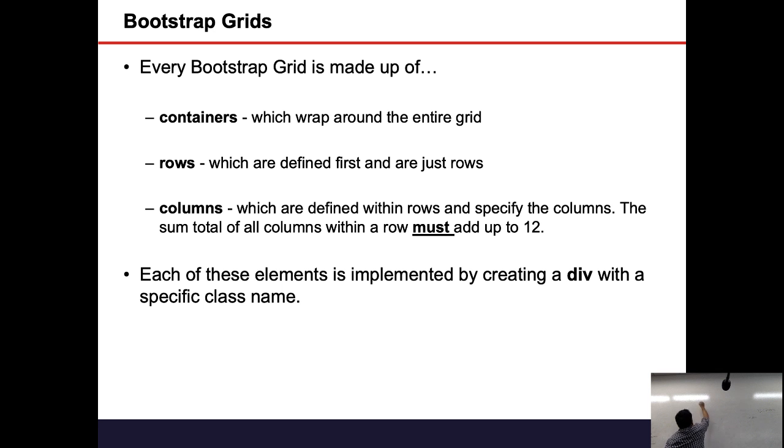Container is also a CSS class. So what do I have to do? Class container. See what I did over here? If I want to create a container first, the rule says you have to implement using a div tag.